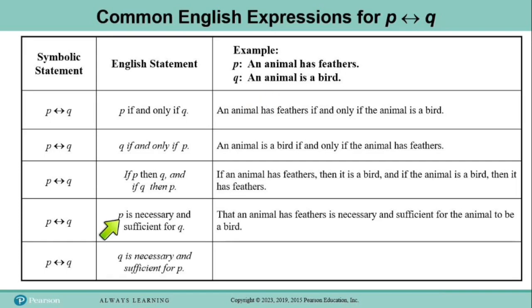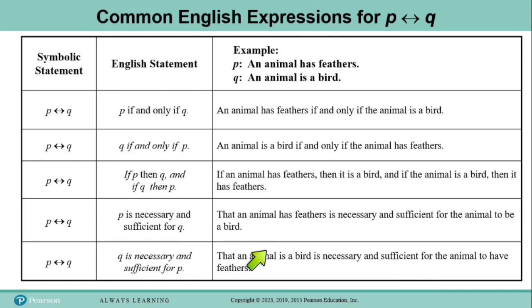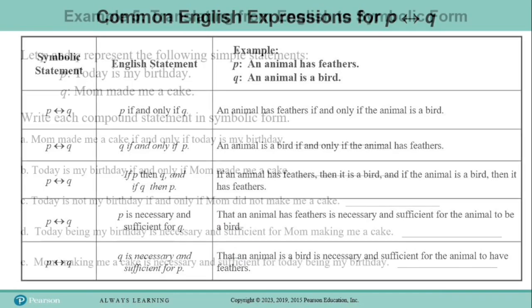And you could have P is necessary and sufficient for Q, or you could have Q is necessary and sufficient for P. So our example could say that an animal being a bird is necessary and sufficient for the animal to have feathers. See, it does not matter which simple statement comes first because they are both necessary for the other condition to exist, and also they're both sufficient. So we can put either one first that we want to.